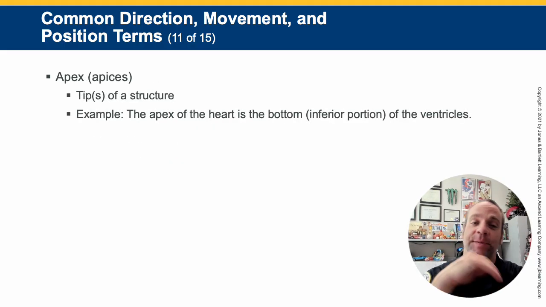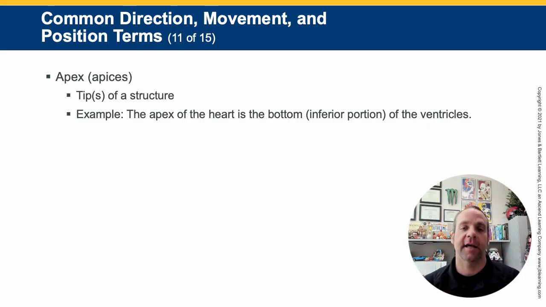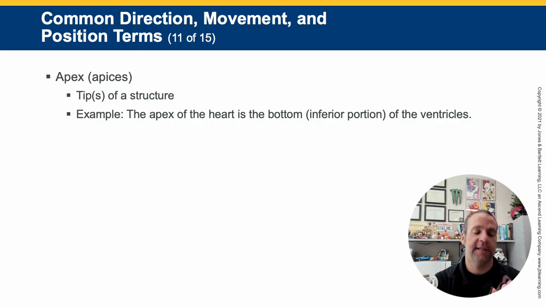And I'm back. Next up, we're going to talk about another important anatomical term, and that is apex, or apices, the plural version. The apex refers to the tip or pointed end of a structure, and you're going to encounter this most when referencing the heart and the lungs. Let's start with the heart.